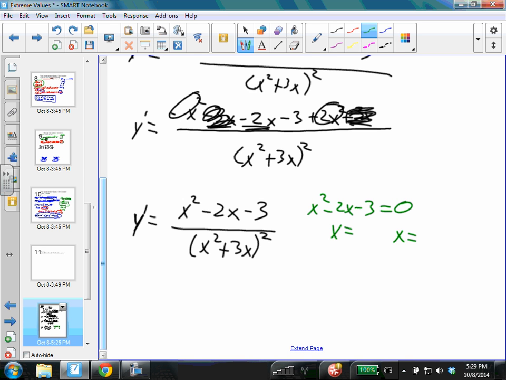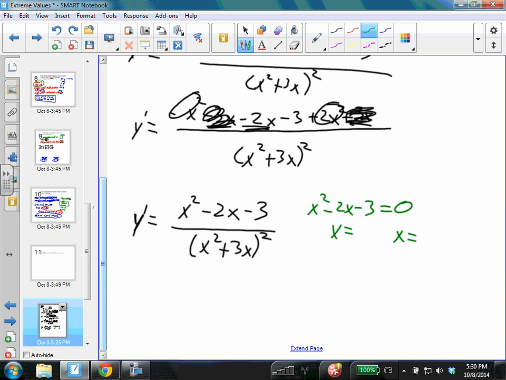If you have your calculator, you can just go into the programs section and go down to quad form. When you get to quad form, you just enter the coefficients.